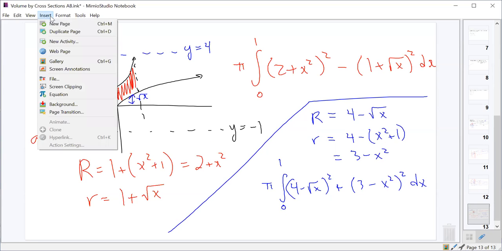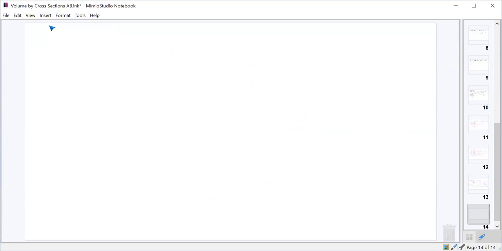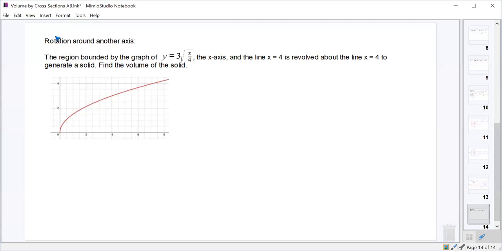So that brings us back to this question that I originally was planning for us to look at. The region bounded by y equals 3 square root x over 4, the x-axis, x equals 4. And we want to revolve it, this time around the line x equals 4.